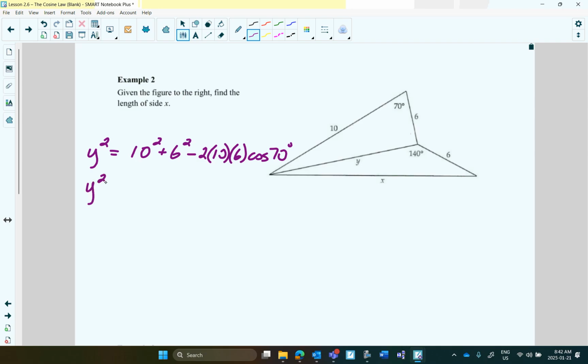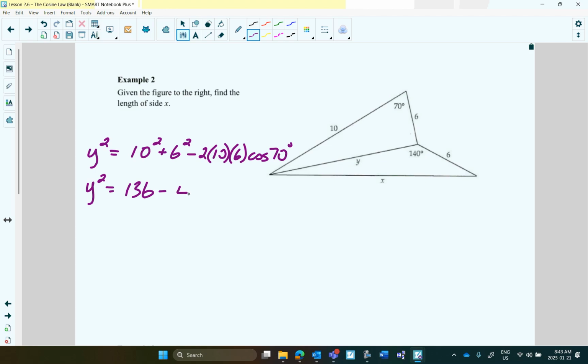So again, you can do it all in one shot, or you can do it together. If I square those and add them together, I get 136. 2 times 10 times 6 times cos 70 gives me about 41.04.